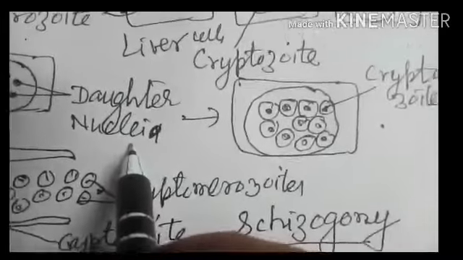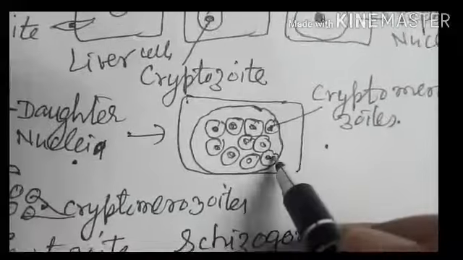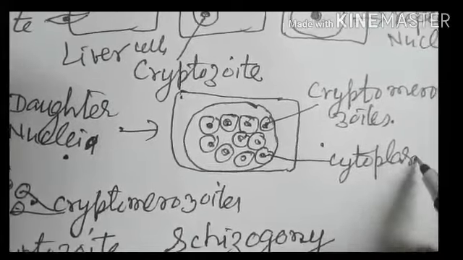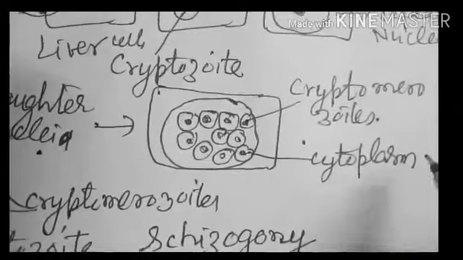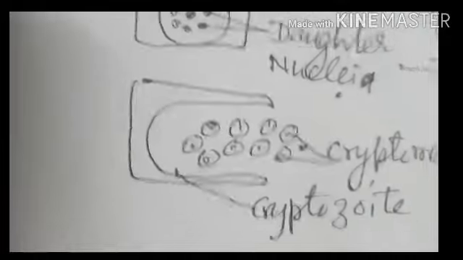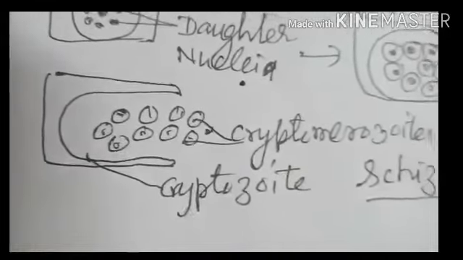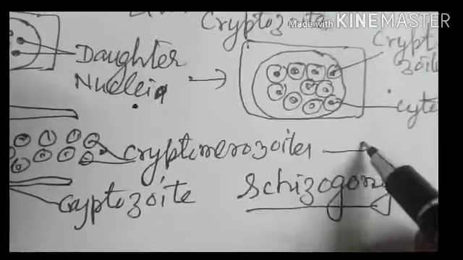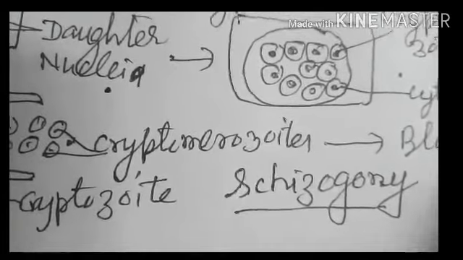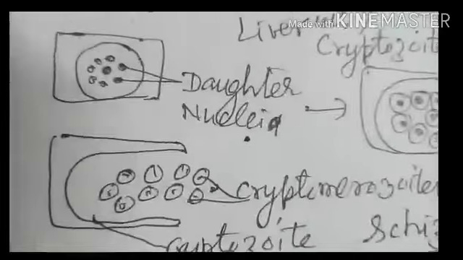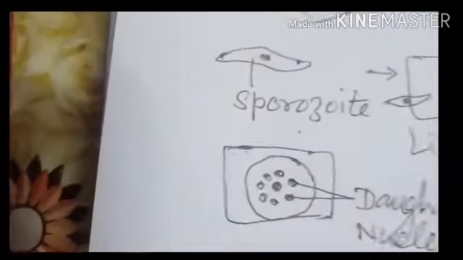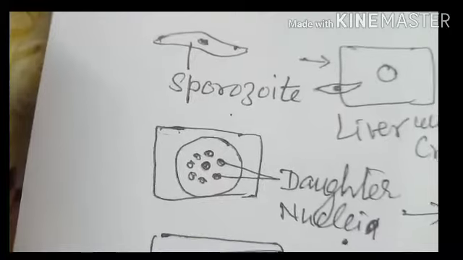These daughter nuclei get surrounded by cytoplasm, and each structure now develops into a cryptomerozoite. And as the cryptozoite ruptures, cryptomerozoites are liberated into blood. This is the multiple fission which occurs in the parasitic protozoan called Plasmodium vivax, which enters the human body as sporozoites.